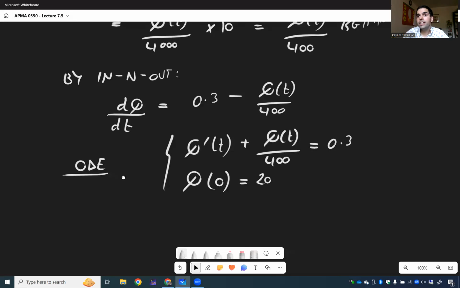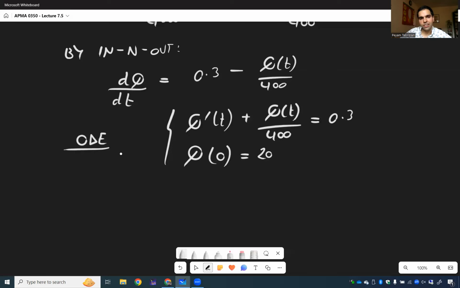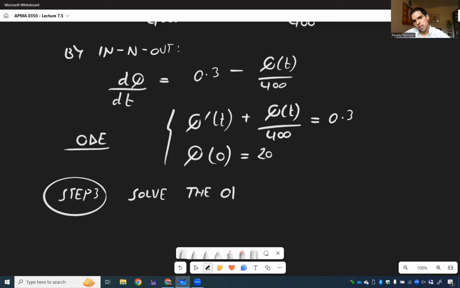As complicated as this looks, it's once again an integrating factor equation. Step 3, solve the ODE. So the integrating factor, once again the simple case of it, is e to the t over 400, and this you can see in the notes.